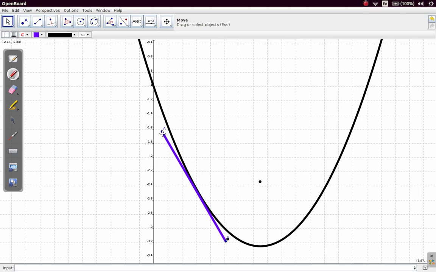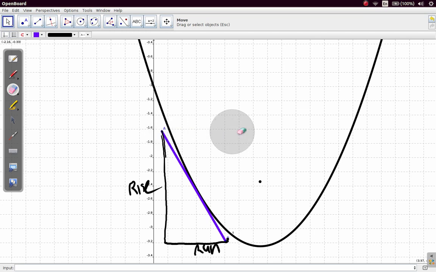Now you can find the gradient here by forming a right angle triangle. If you're doing it by drawing, these lines are supposed to be straight, and then you use the rise over run formula, but that would be an estimate of the gradient.